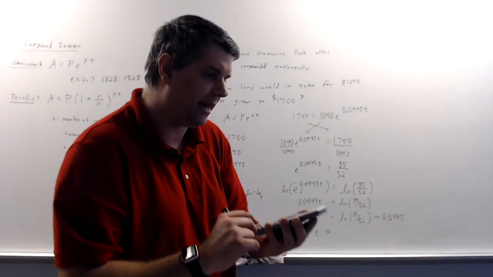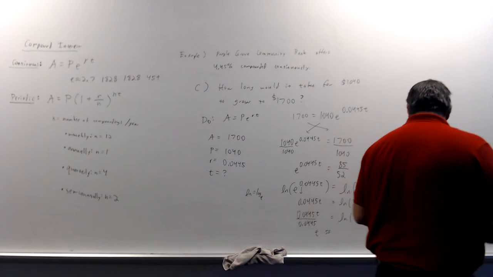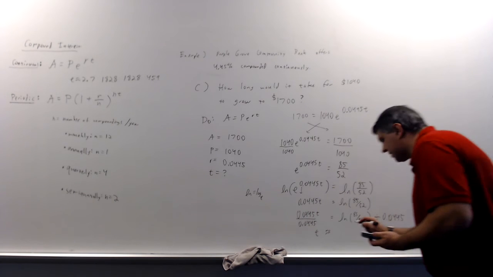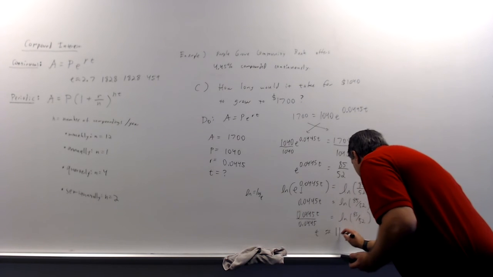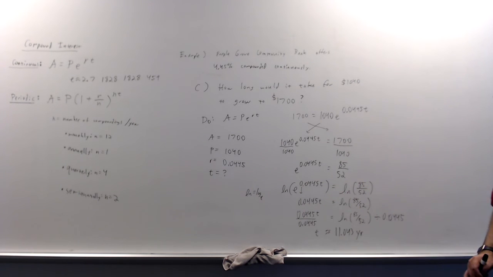I go ahead and hit enter or equal, 0.4914 something, and then divide by 0.0445. T is approximately 11.043 years.